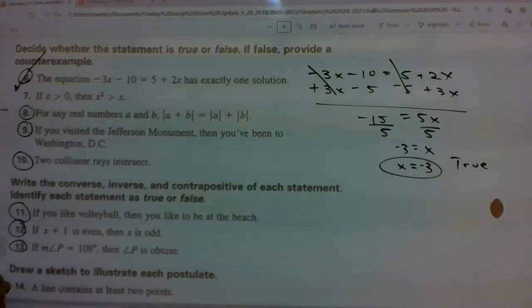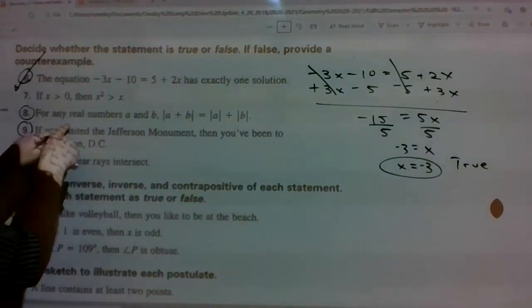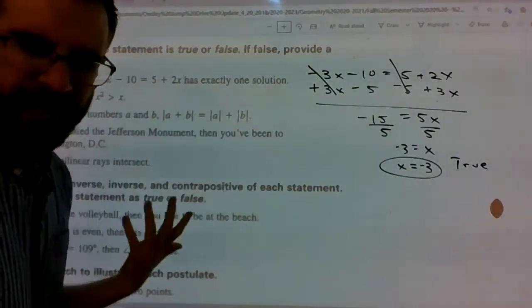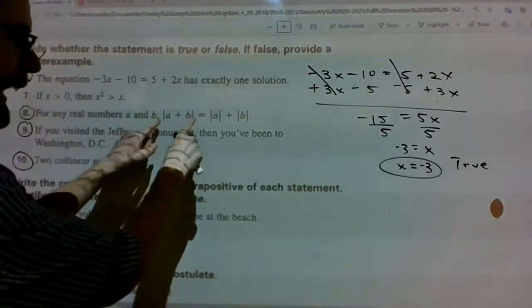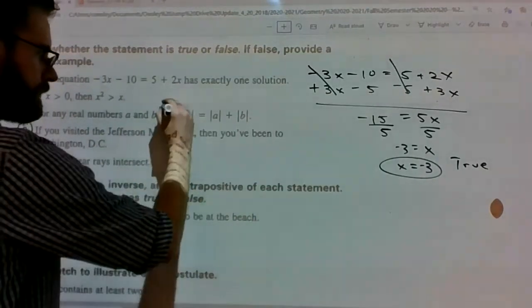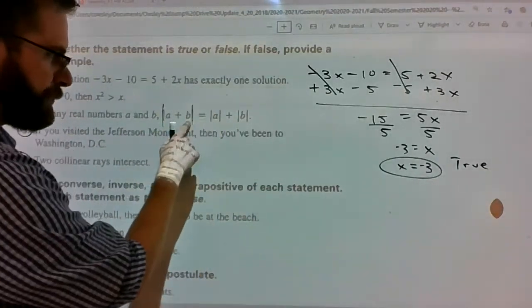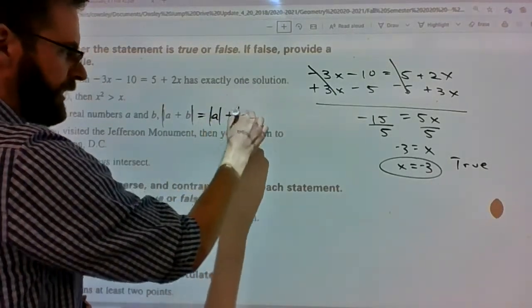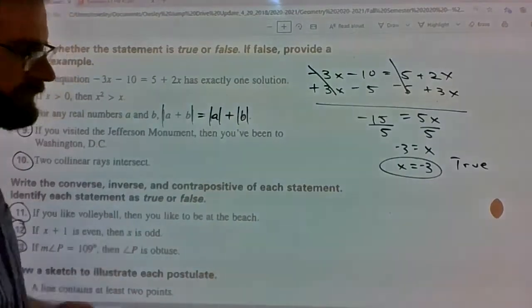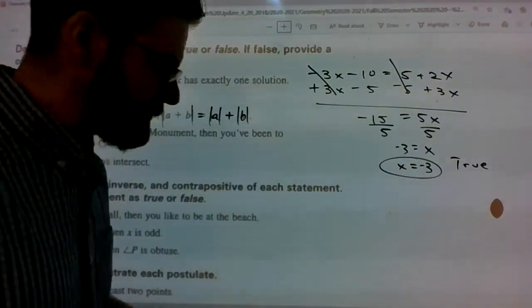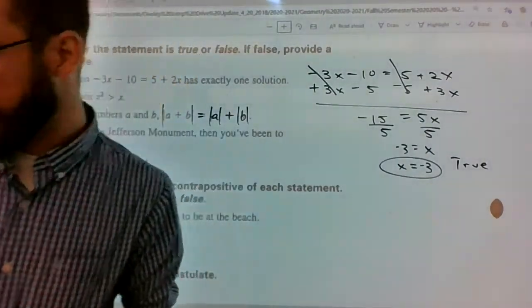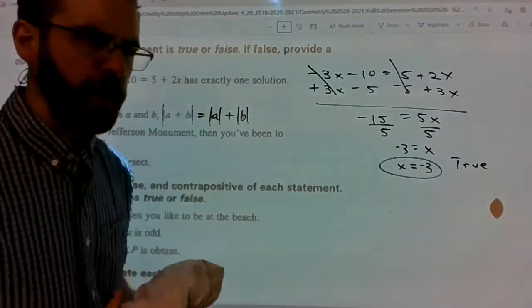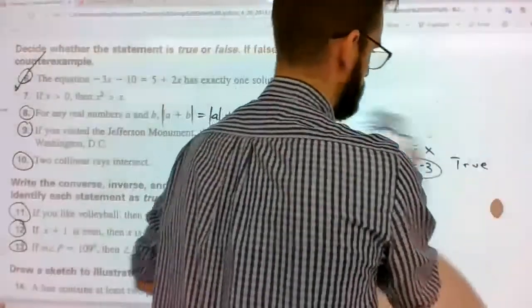Check number 8. For any real numbers a and b, so that's pretty much any number that you guys can think of, the absolute value of a plus b equals the absolute value of a plus the absolute value of b. What they're counting on in this assignment is that you have basic mathematical knowledge of what absolute values mean.